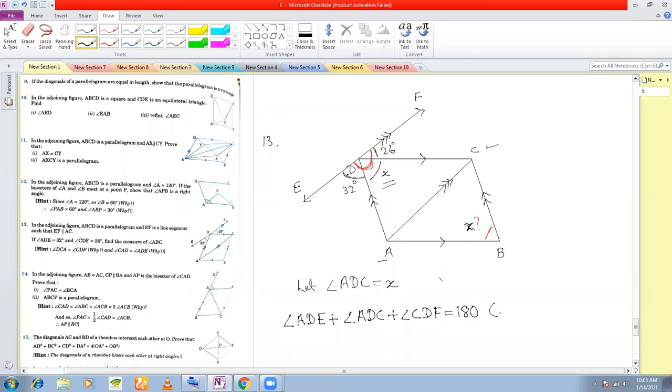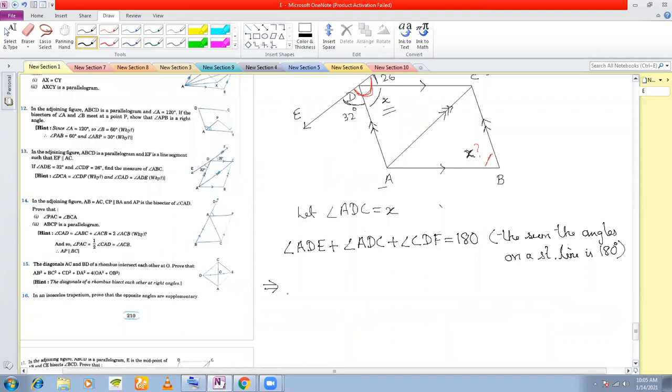Why? Because the sum of the angles on a straight line is 180 degree. Or you can say angles on the same straight line are supplementary. Either statement you can write.